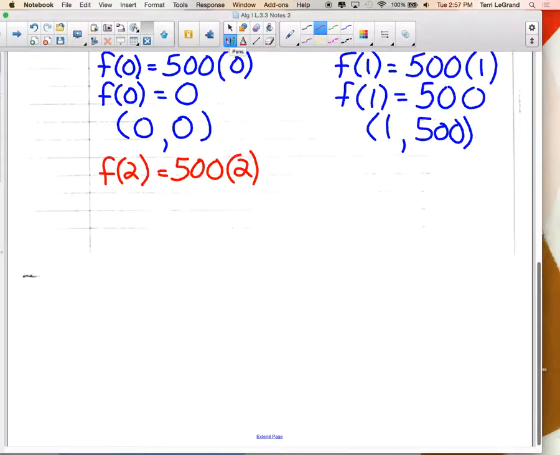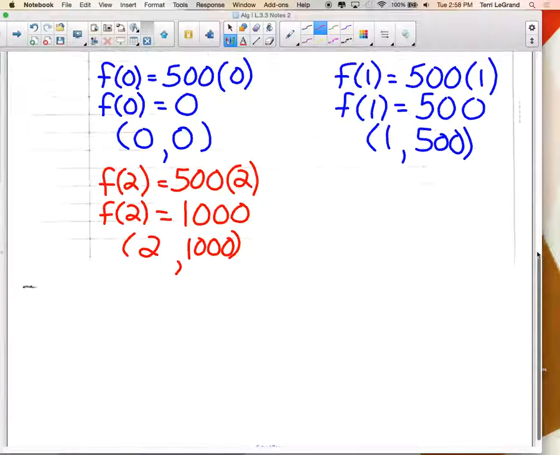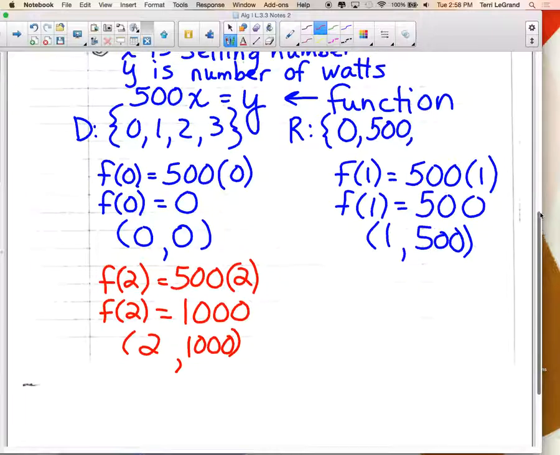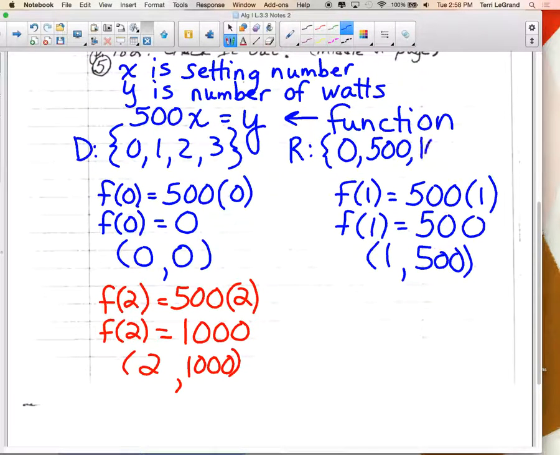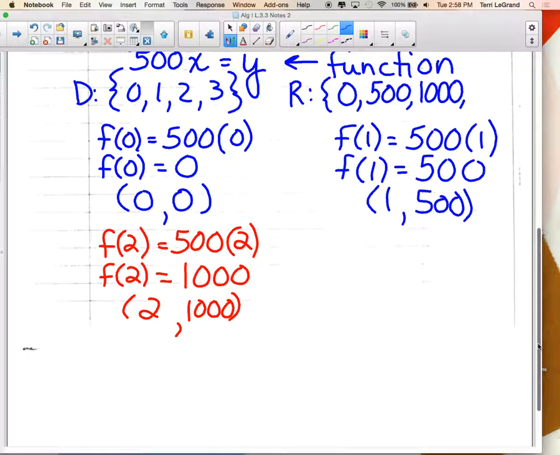So now we're evaluating it for f of 2, and the setting is at 2, so what is the wattage then? 1,000. We just found ordered pair 2, 1,000. When the setting is at 2, the wattage is 1,000. We just found our third member of the range. And our last one, f of 3.